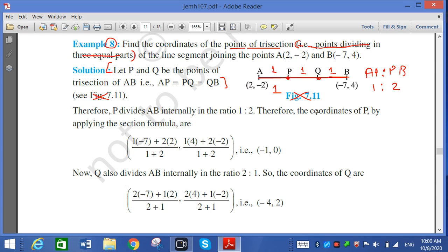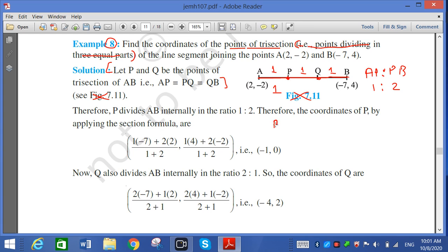Now what do you have to do? If it is 1:2, therefore P divides AB internally in the ratio 1:2. Therefore the coordinates of P, by applying the section formula. So again I have to apply the section formula.